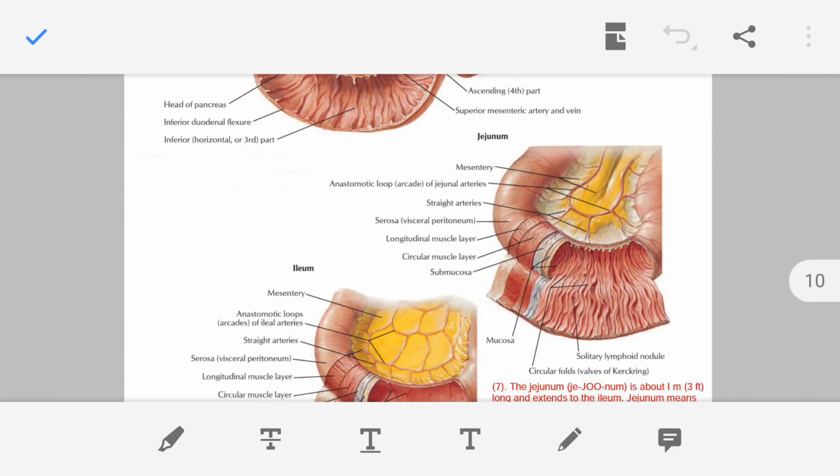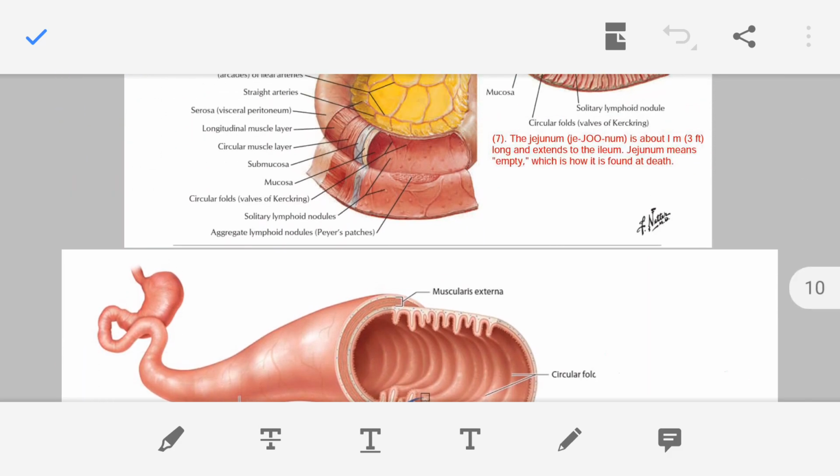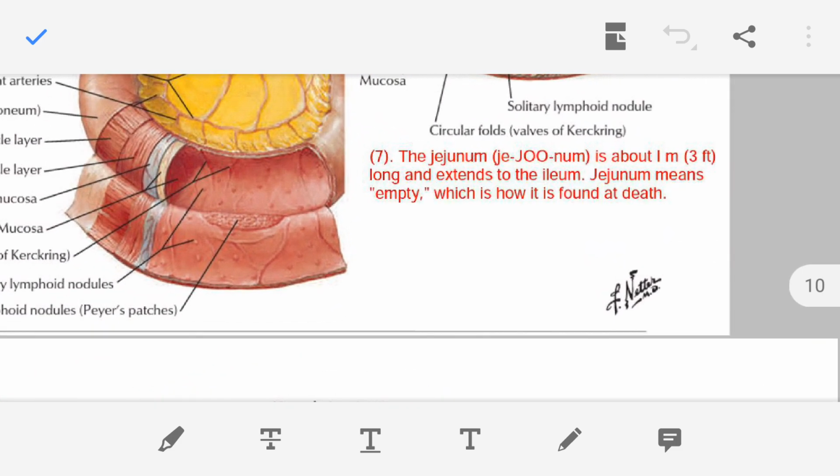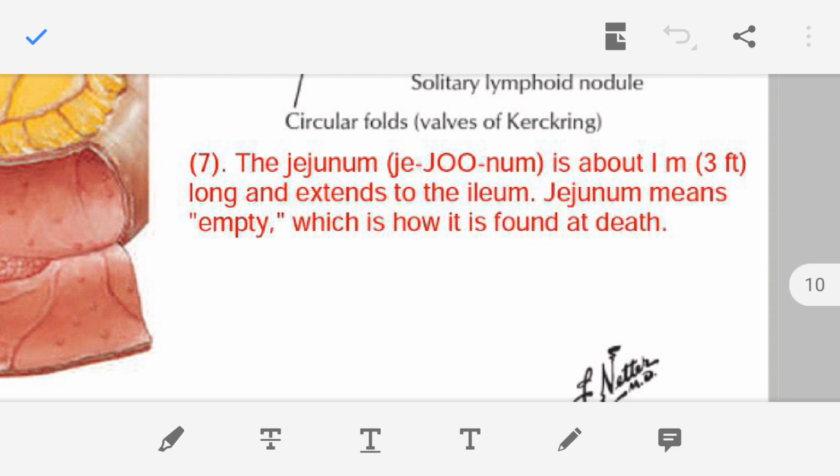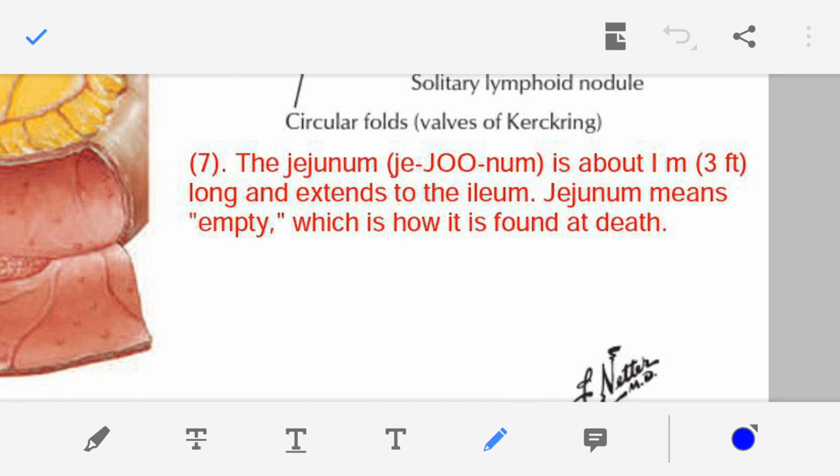So this is regarding the jejunum. Now what is the meaning of jejunum? Jejunum means empty. And why is the meaning of jejunum empty?